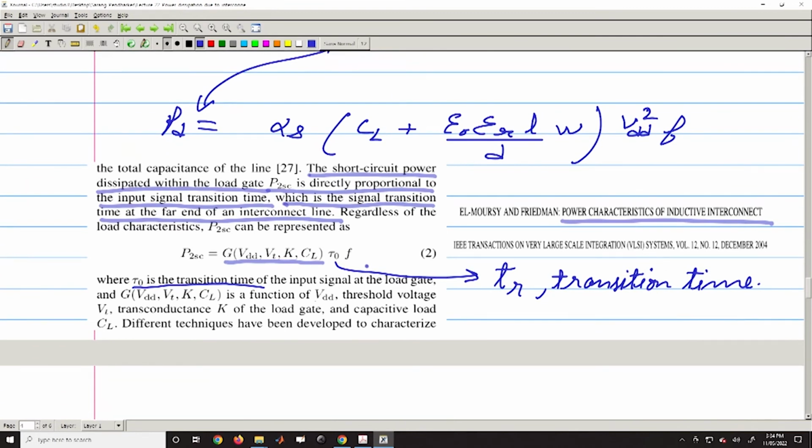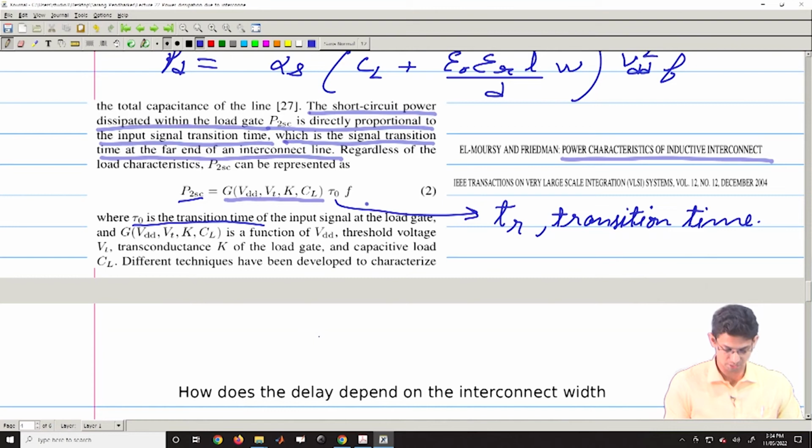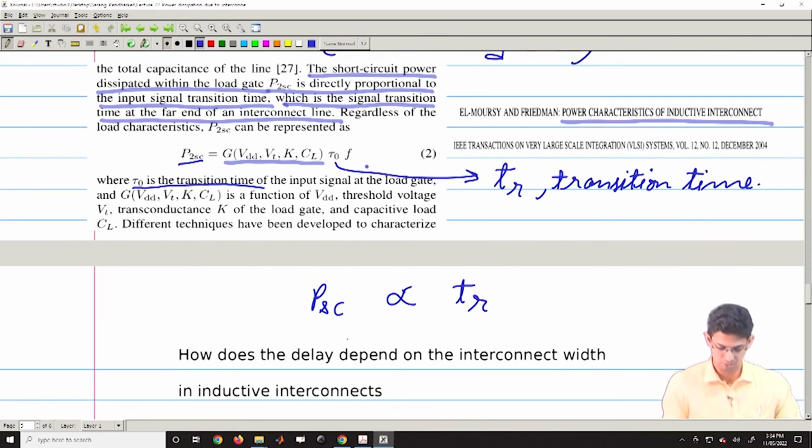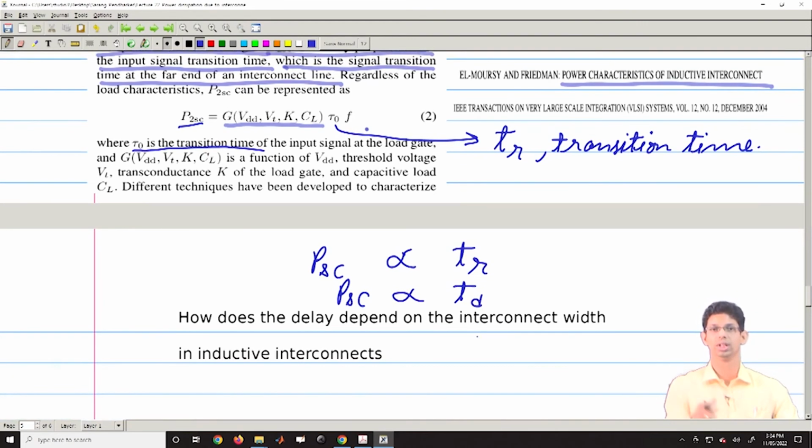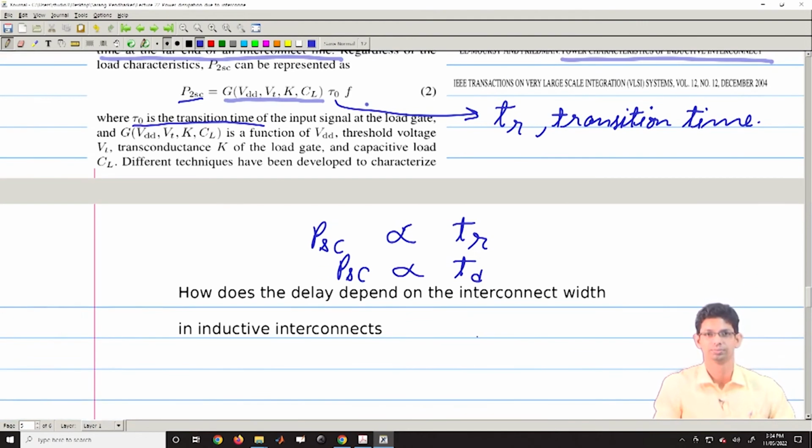So basically, short circuit power dissipation will be proportional to your transition time. So, your PSC is proportional to your TR, or you can say your PSC is also proportional to your TD, because the more the delay, the more your TR.